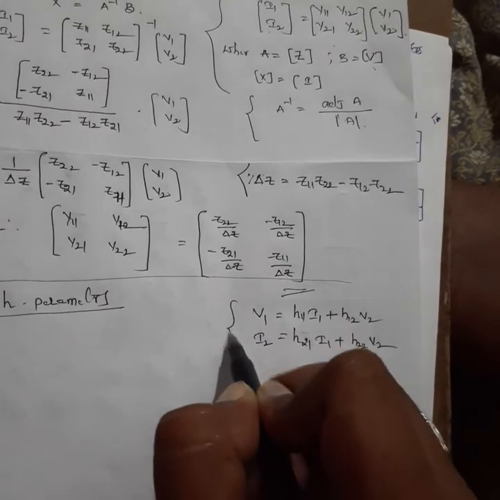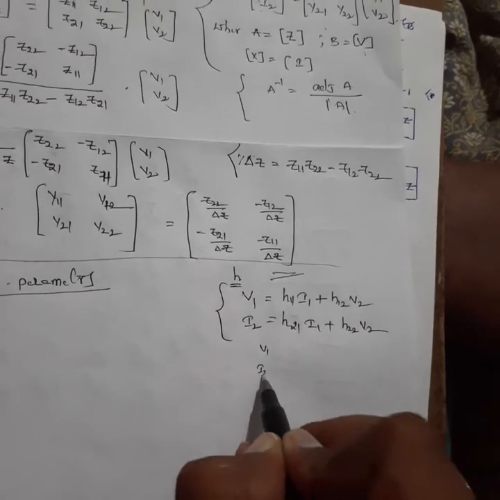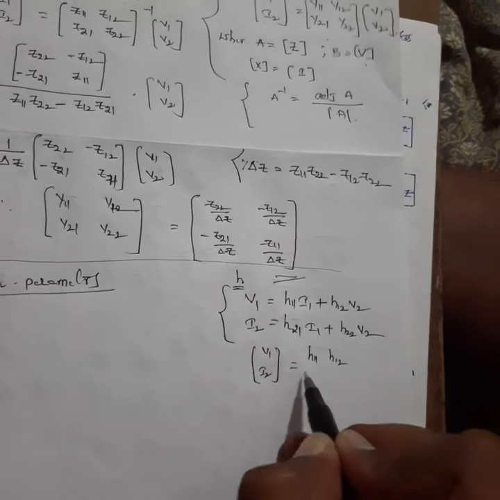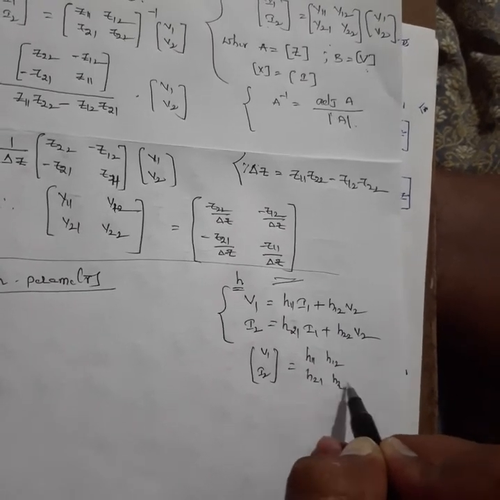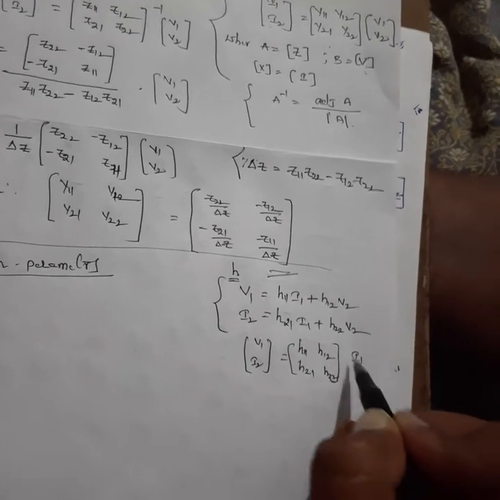This is the h parameters, written as [v1 i2] equals [h11 h12; h21 h22] times [i1 v2].